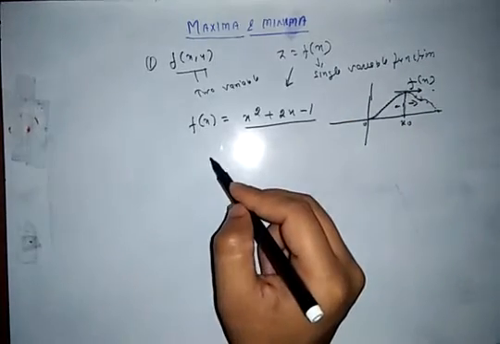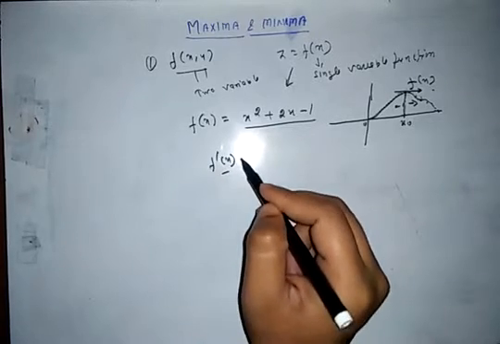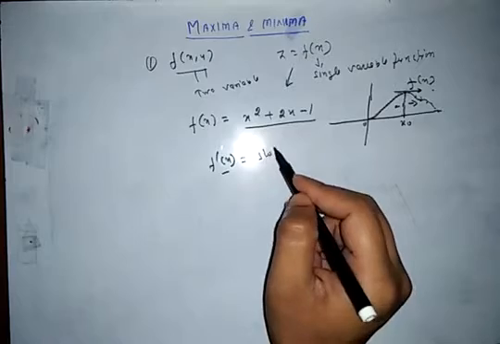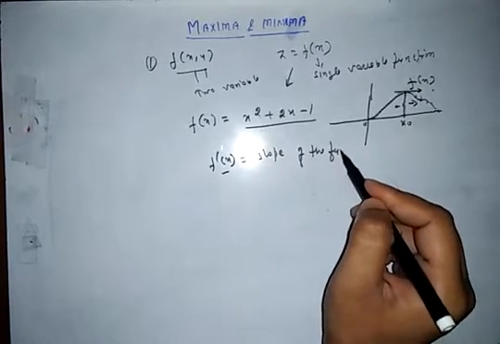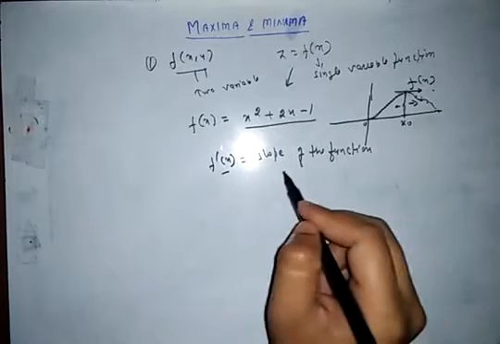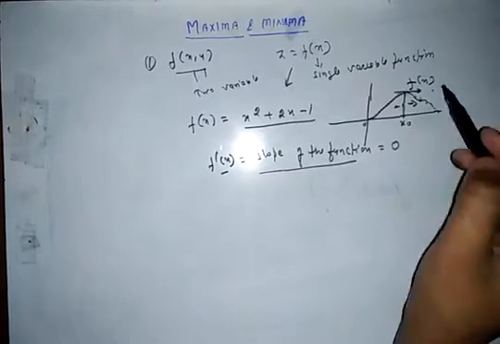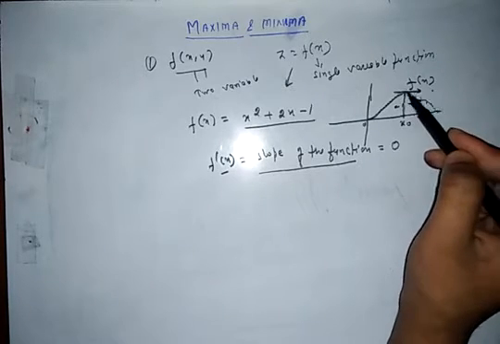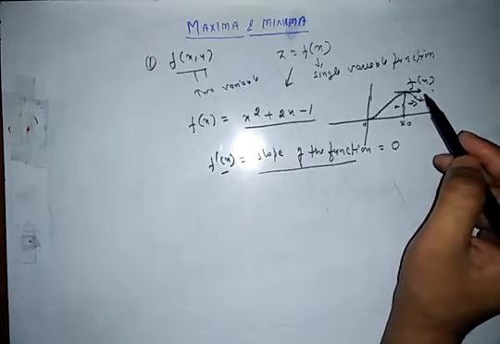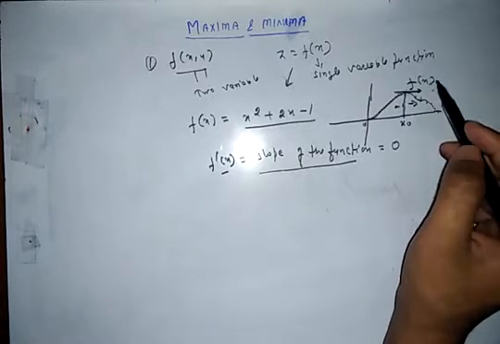When we find the derivative, the differentiated function is nothing but the slope of the function. So we equate that slope to 0. At the maximum point the slope becomes 0. This is the method through which we can find the maximum.